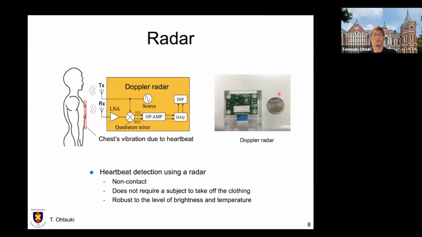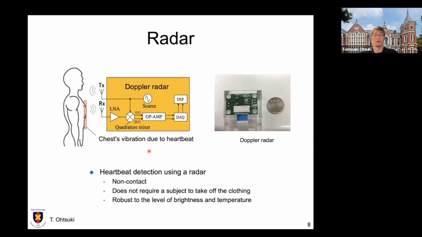Okay, so let's see the radar. This one is a Doppler radar. As I mentioned, if we use the radar to detect the chest vibration or chest movement, of course, it can detect it in a non-contact way.